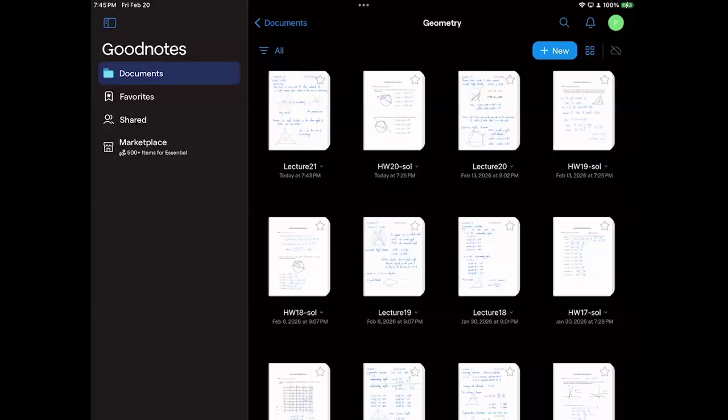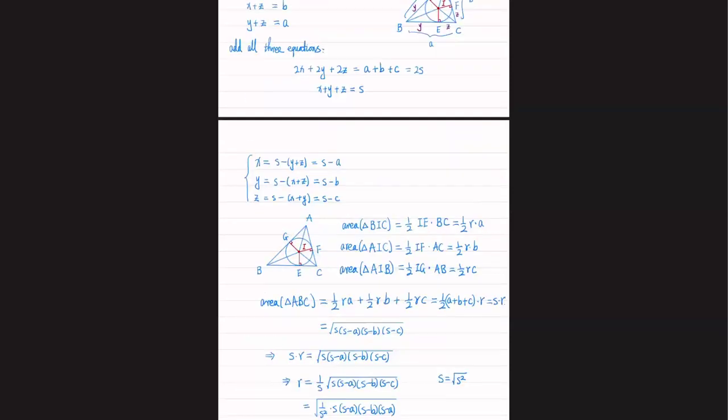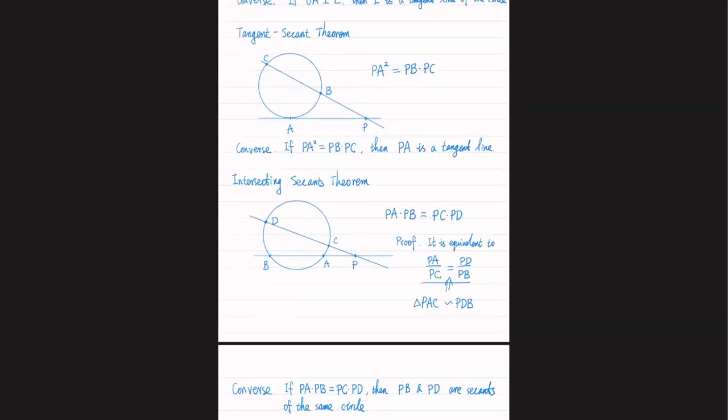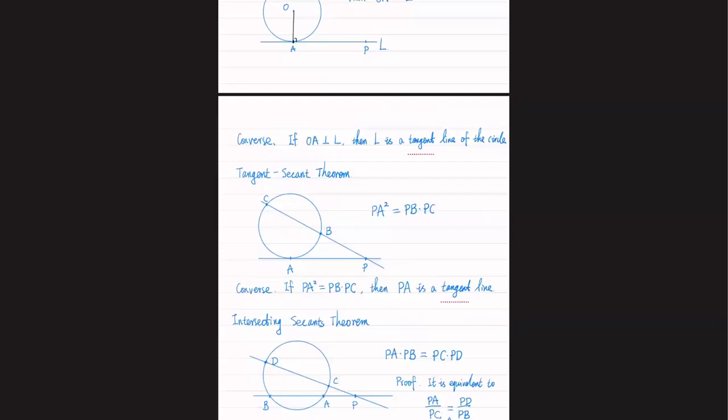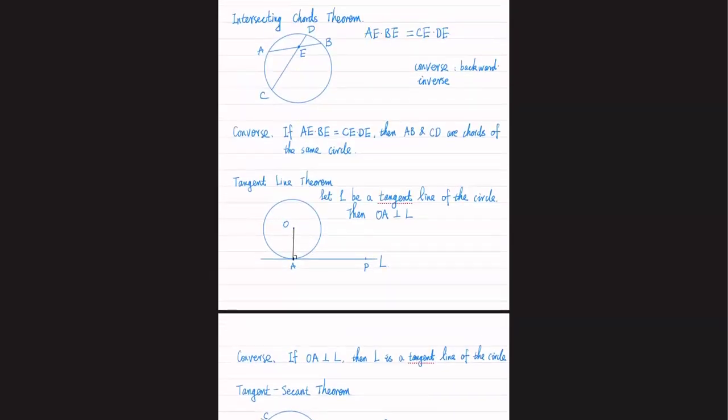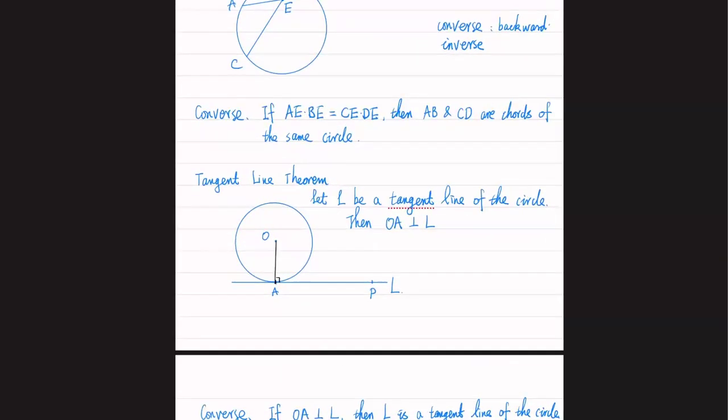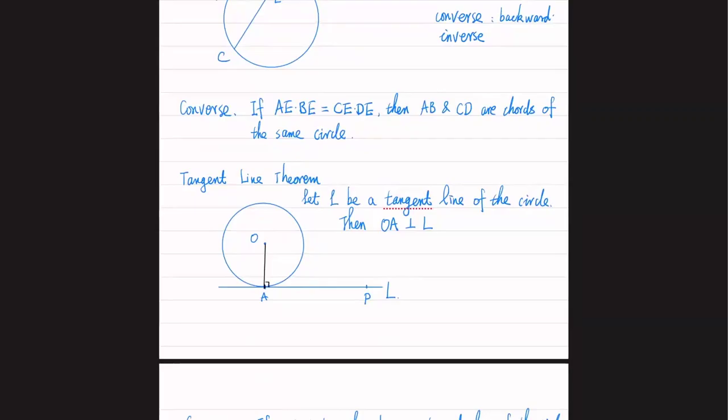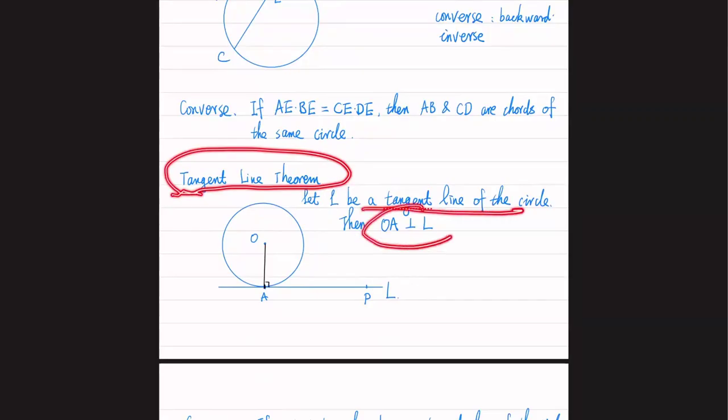So let's check our previous lecture, Lecture 20. I have my notes. Okay, so this is from the last class. Last class we introduced the tangent line theorem. If it's a tangent line, then this must be perpendicular.